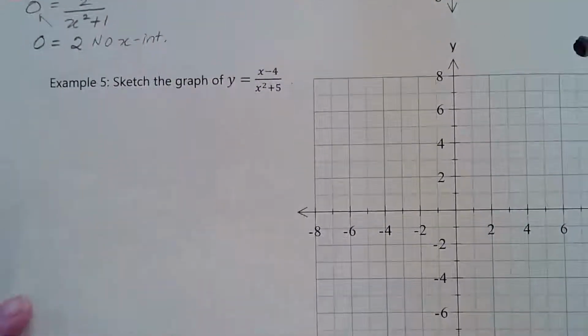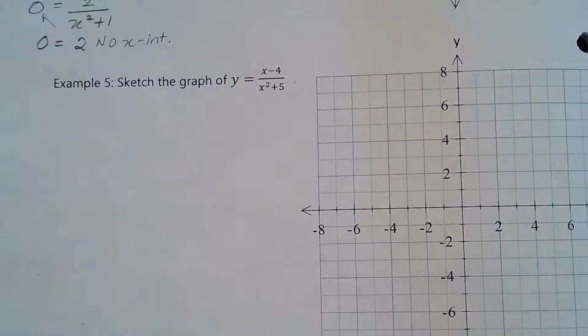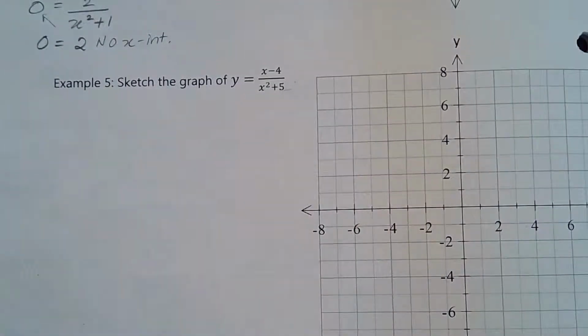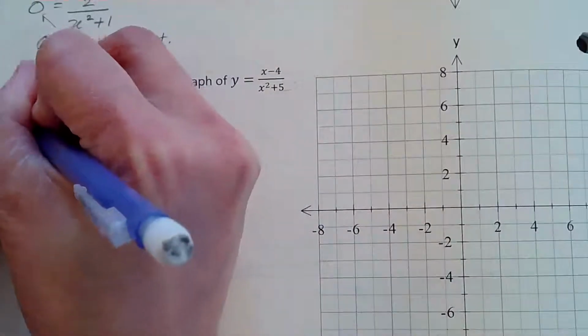Let's see the next one. See what happens. Can we factor the denominator? No, it's not a difference of squares, right? Okay, so let's take a look at the non-permissible value.